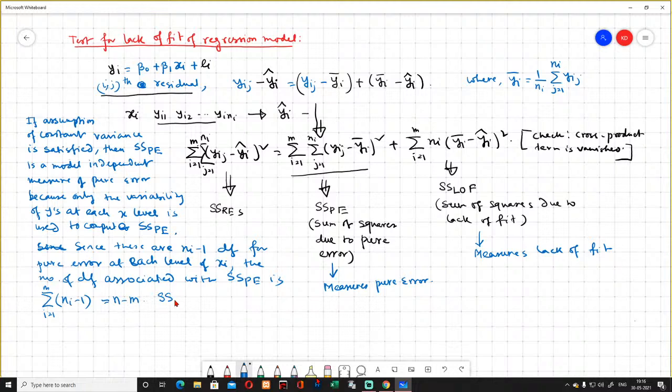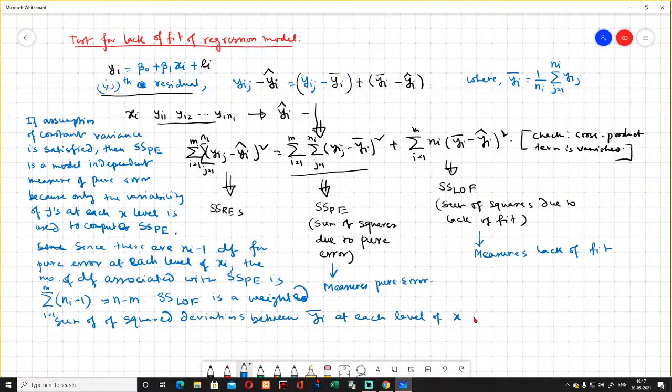So SS due to lack of fit is a weighted sum of squared deviations between yi bar at each level of x and the corresponding fitted value.